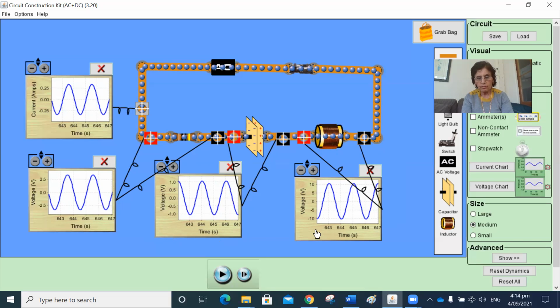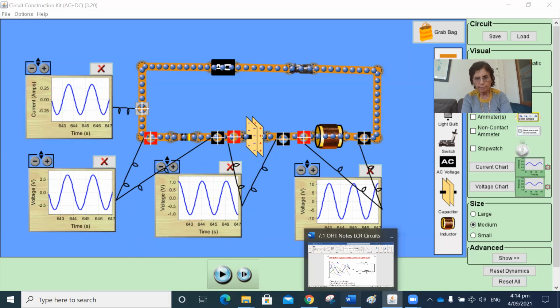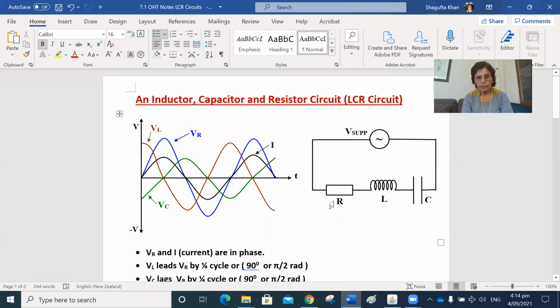So that is the phase relationship between the current and the voltage across the resistor, capacitor, and inductor. If we want to show it in one graph, it would look something like this. Again, this is the same resistor, inductor, and capacitor circuit.